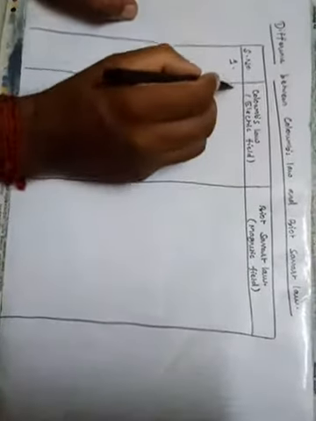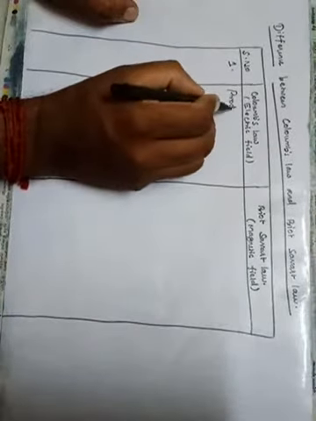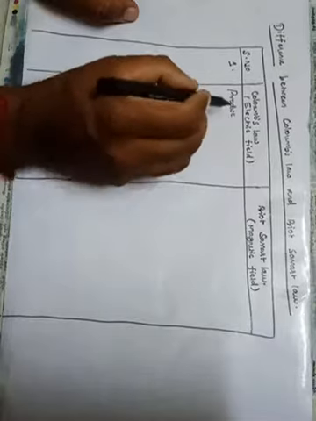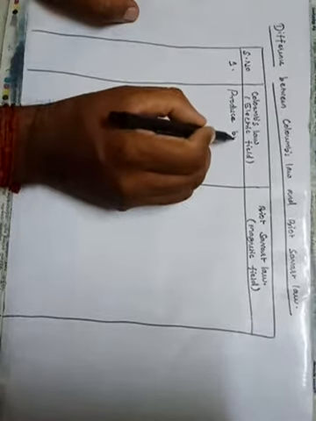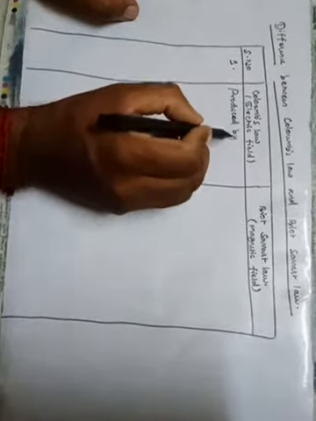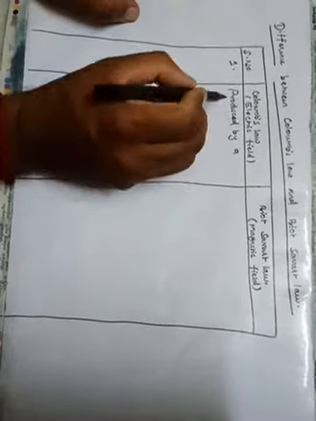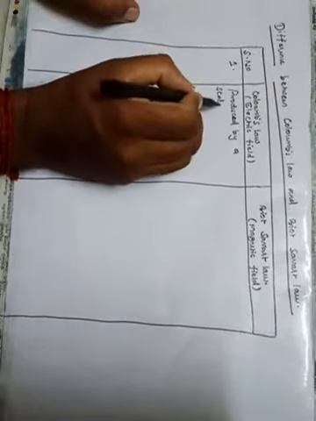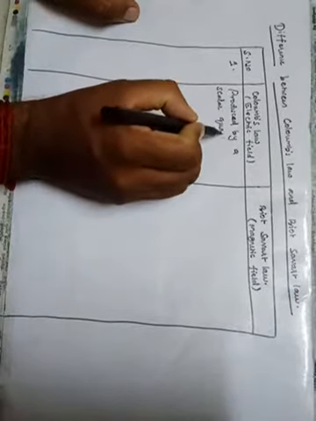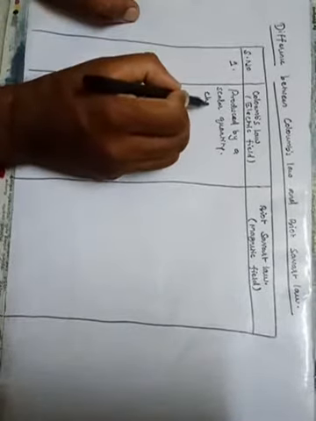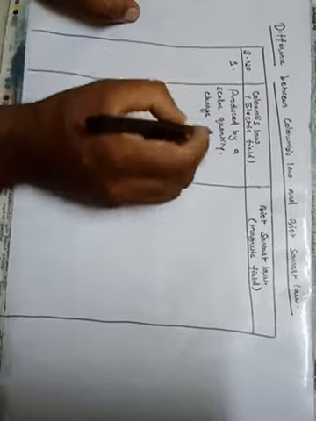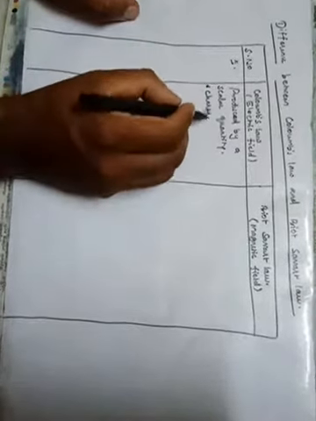We know that it is produced by a scalar quantity, that is electric charge, denoted by the letter Q.